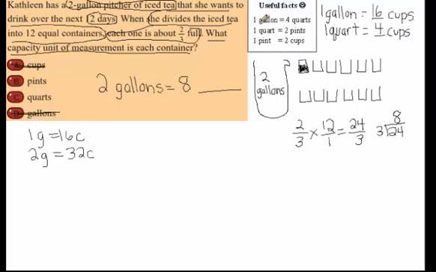If we want to try gallons to pints, we need to figure out how many pints are in a gallon. All right, I'm going to do some erasing here because we're running out of room.